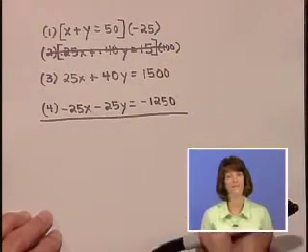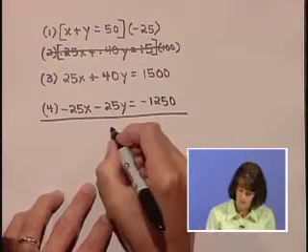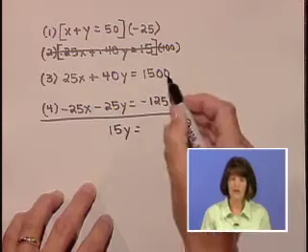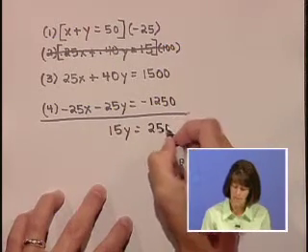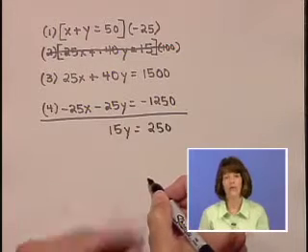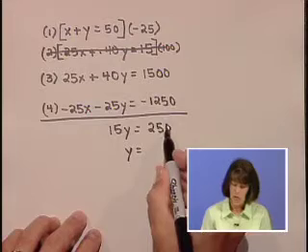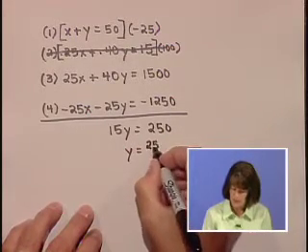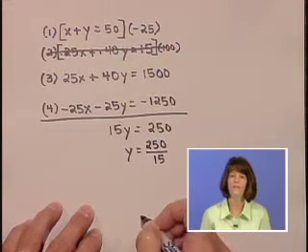The x's cancel. 40 plus a negative 25 is 15y. 1500 plus a negative 1250 is 250. Dividing both sides by 15, 250 divided by 15. Let's go ahead and do this. That's 250 over 15.